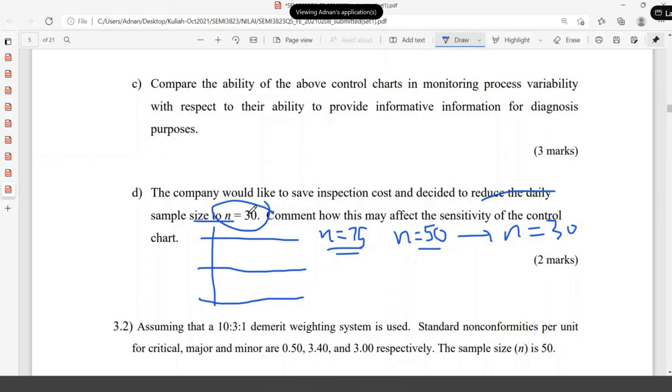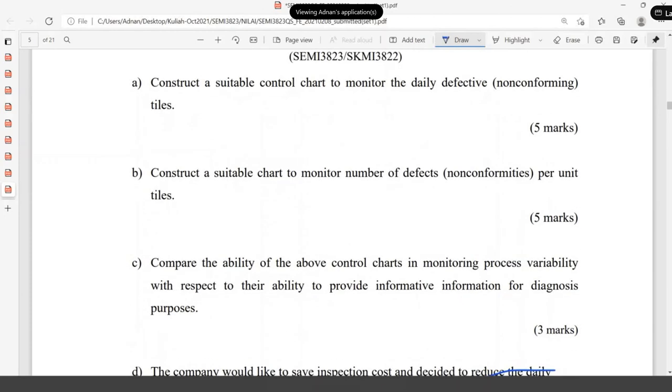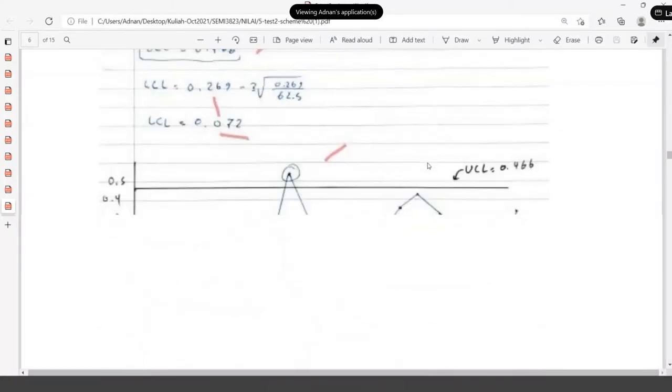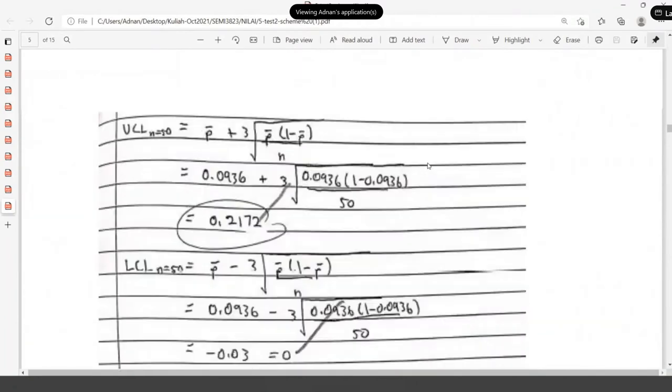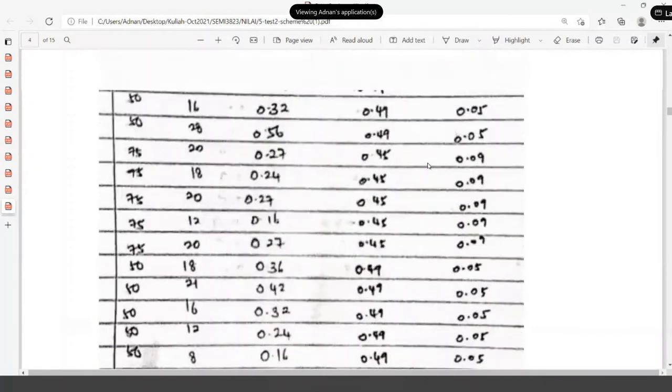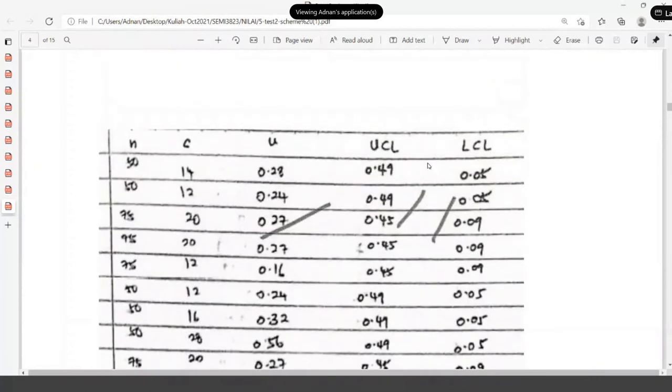So kalau kita tengok dalam solution tadi, in the calculation kita boleh nampak konsep yang sama lah.